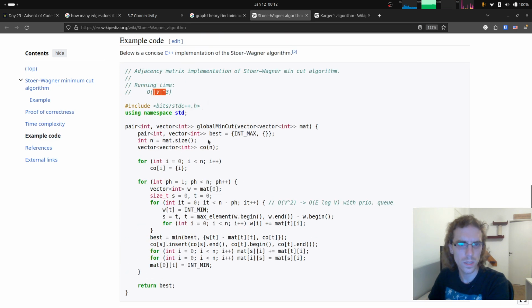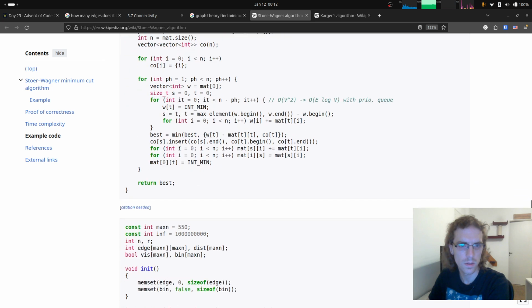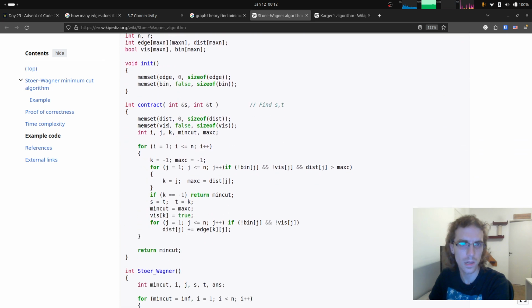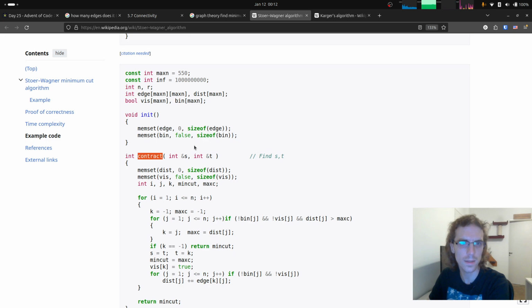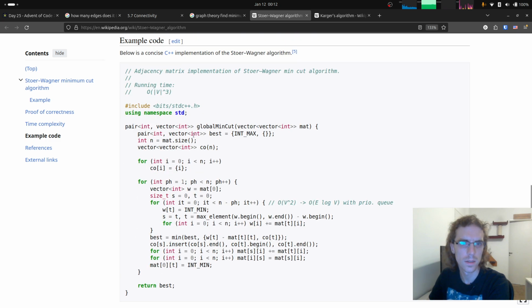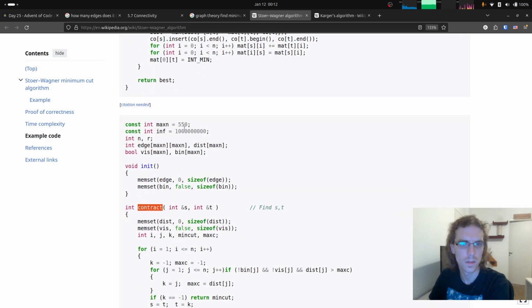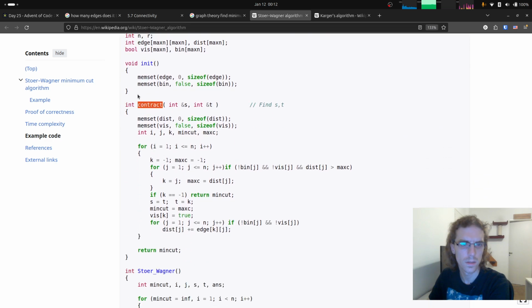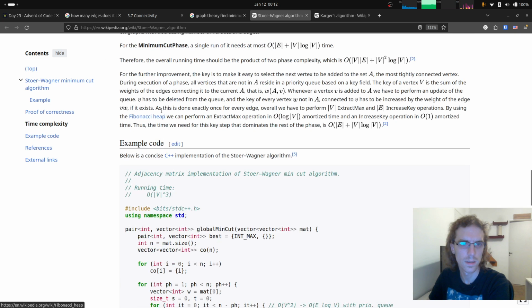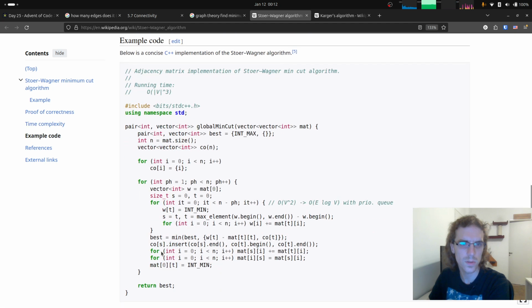Should I try to read this or try to understand what the algorithm does, or more contract things? Some memset. So it's not just this thing, right? It's not just a pair of things.